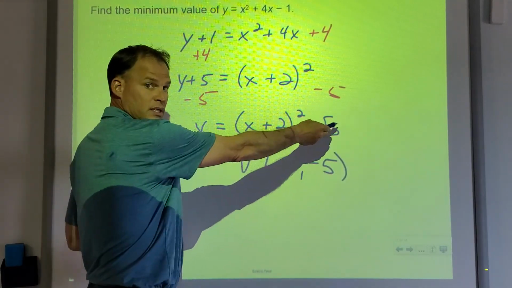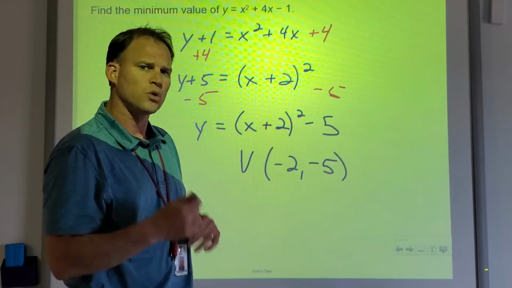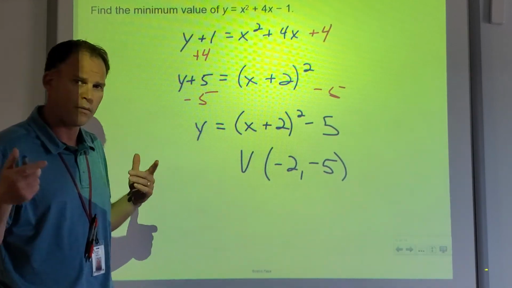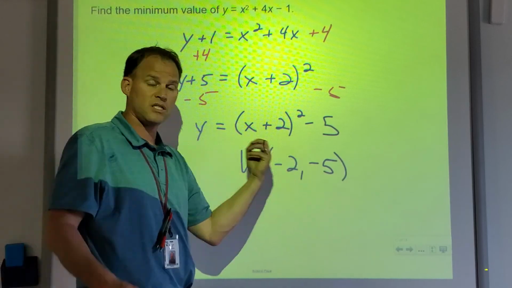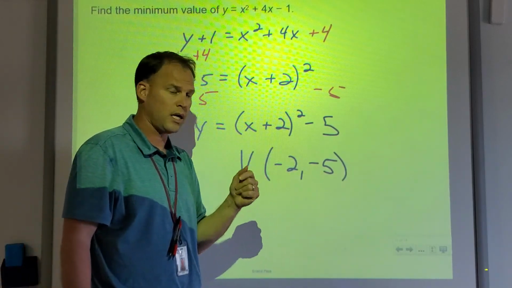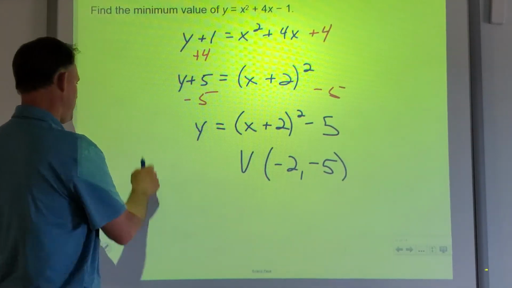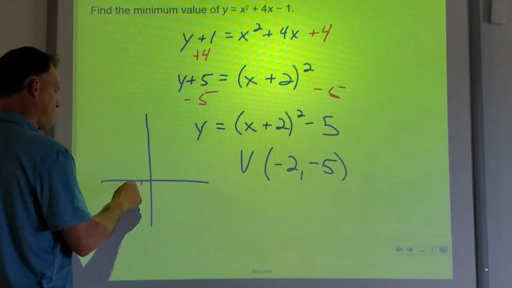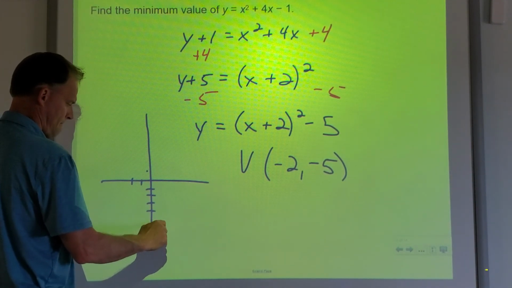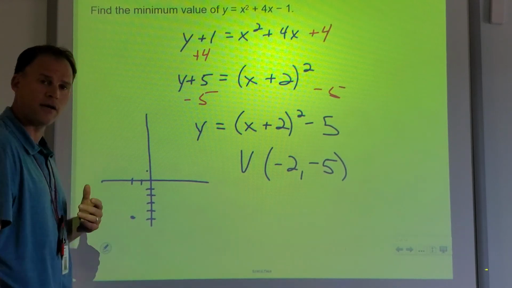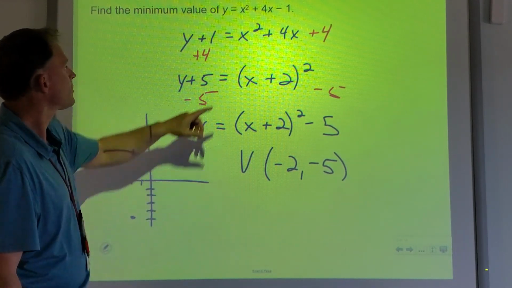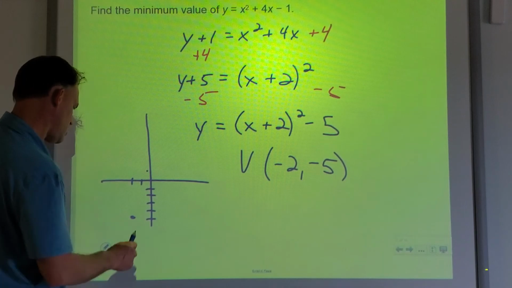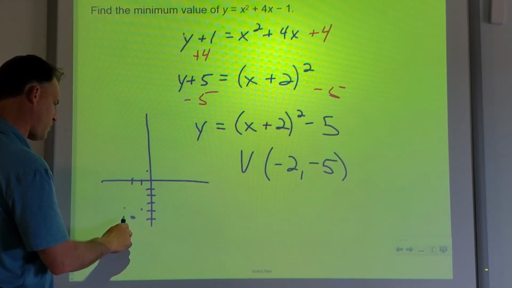Opposite of what's in parentheses, exactly what's outside. So one of the advantages of the complete the square method is it gets me to this vertex form right away. So now if I want to graph this parabola, I know the vertex is right there at -2, -5. I know there's no stretch on it, so I could do this graph real fast.